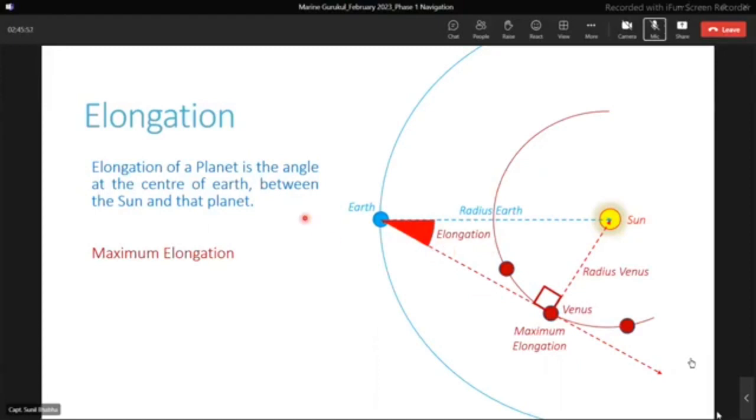An exterior planet like Mars can reach its maximum elongation of 180 degrees when it is in opposition to the Sun. But for an inferior planet like Mercury or Venus, the maximum elongation will be less than 90 degrees, and it will depend upon the orbital radius of that particular planet and the radius of the Earth's orbit.